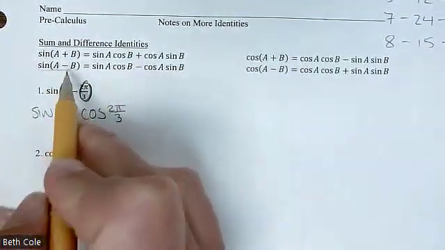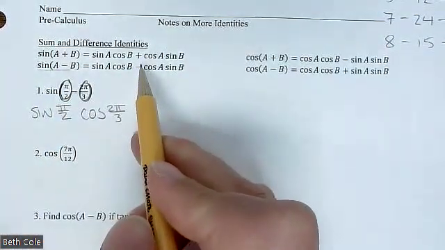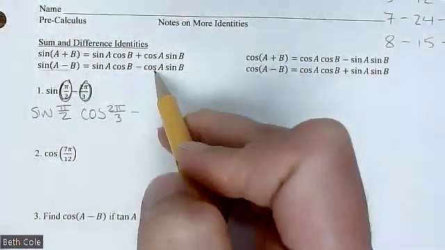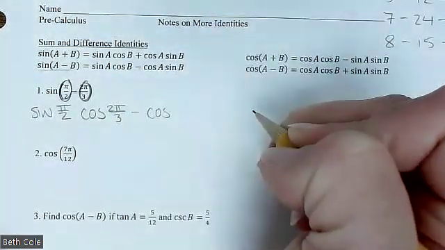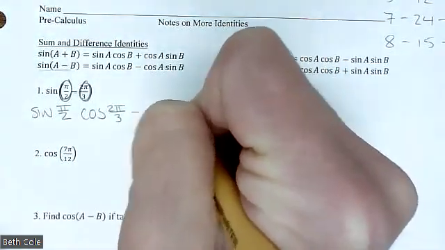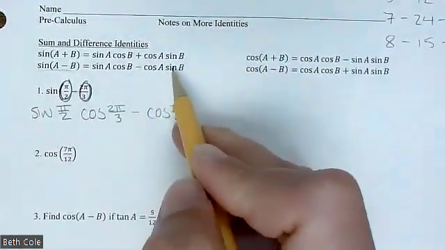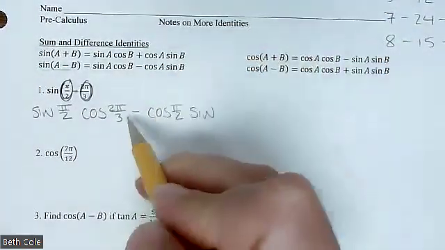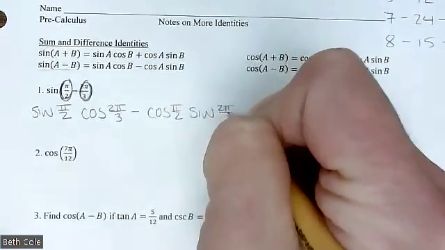Again, that minus just tells you which formula to use. Minus, all right, and then what comes next? Cosine of, which one's A? Pi over 2, good. And then lastly, sine of 2 pi over 3.